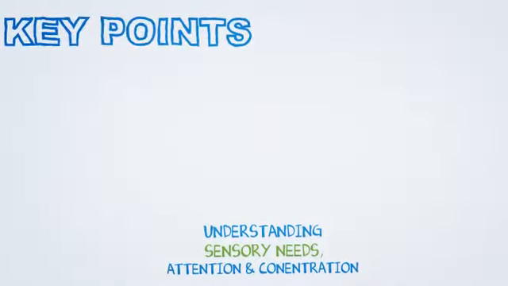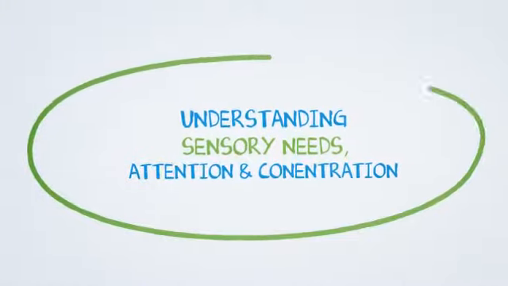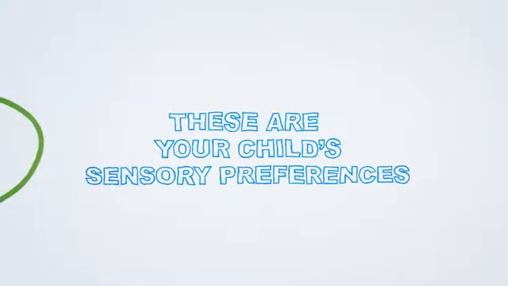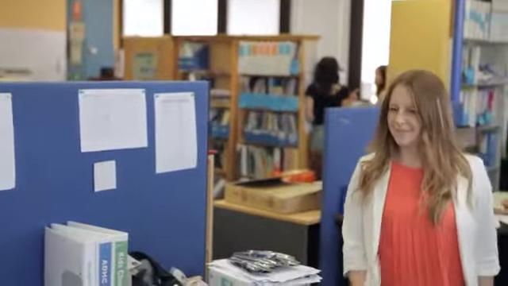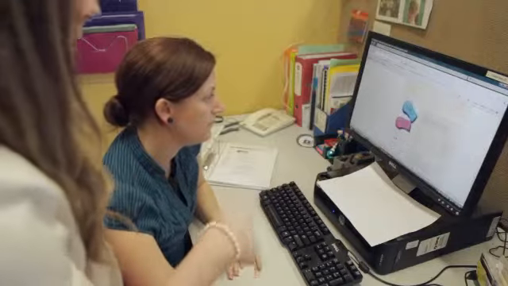The first area, understanding your child's sensory needs and supporting attention and concentration. The sights, sounds, smells, feelings and movements that your child enjoys or dislikes are called their sensory preferences. An occupational therapist can assess your child's preferences and use these to understand why a child may behave a certain way.